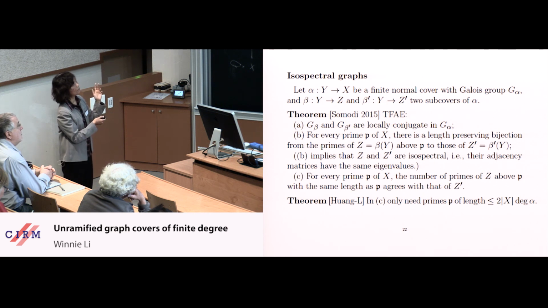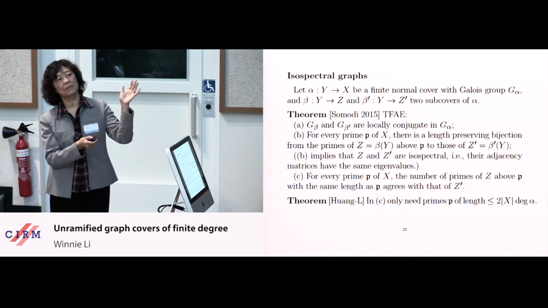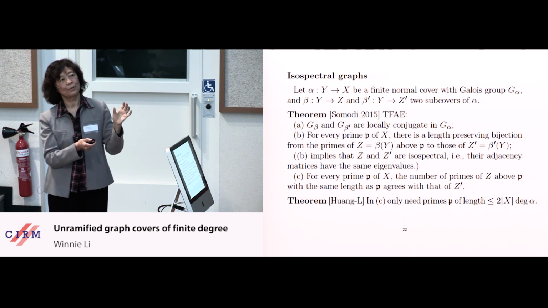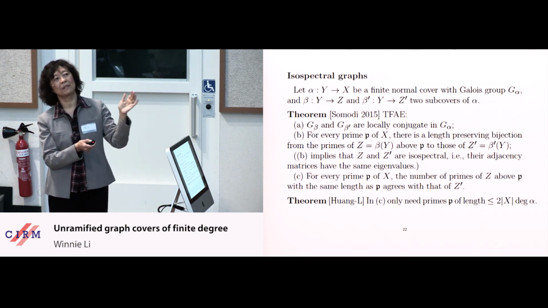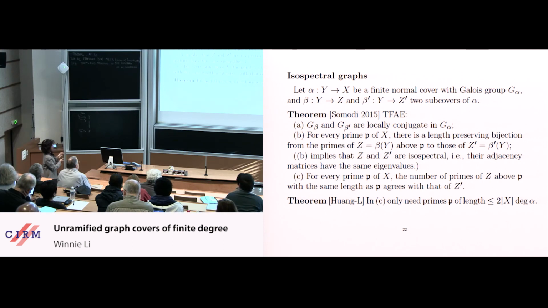But Samodi has a further simpler explanation: you do not need to compare all the primes above P, but you only need to count the primes above P which have the same length as P. And in the joint work with Huang, we further reduce the consideration.